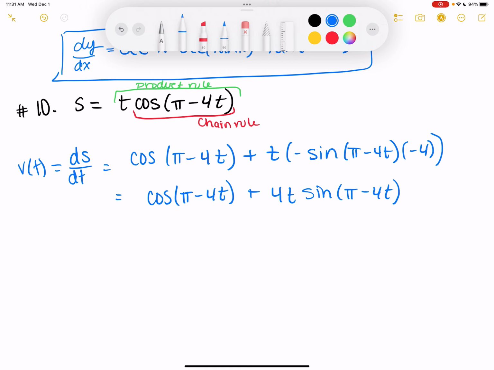All right, so then 13 through 24 says to find dy dx. So these are just going to be a whole bunch of different chain rule problems. So 14, y is equal to the cosecant of x plus the cotangent of x to the negative 1.